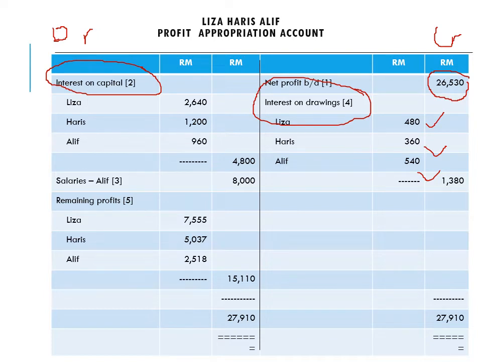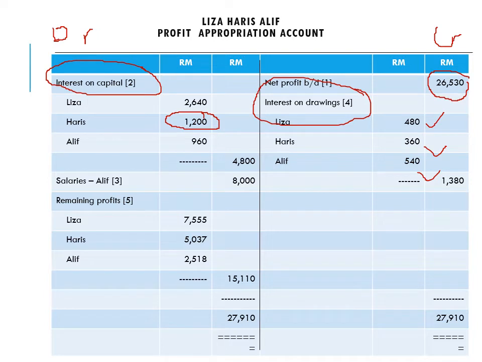Lisa would receive interest on capital of 2,640, Haris 1,200, and Alif 960. Let's take Haris. How do you get 1,200? If you look at the question, it states that interest on capital is 12% per annum. Haris' capital balance as at 31st December is 10,000.